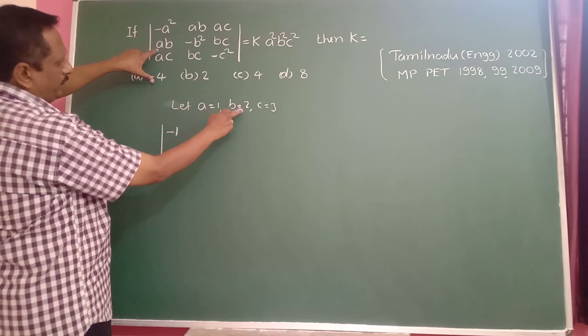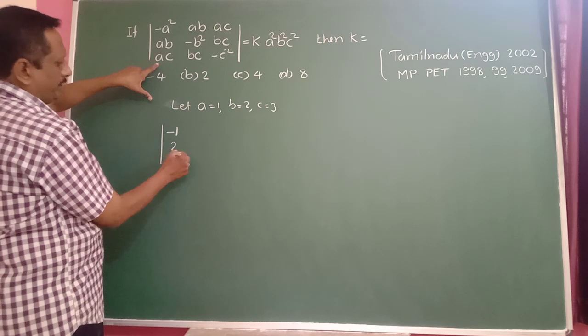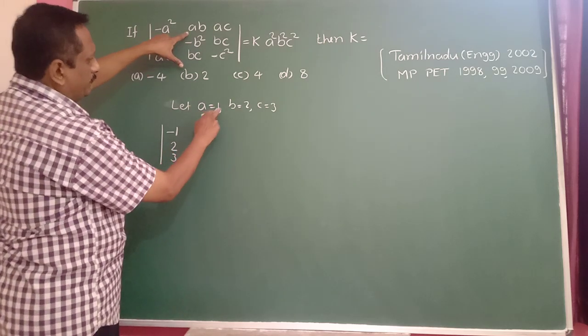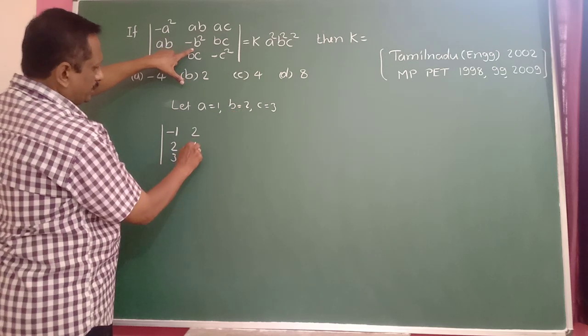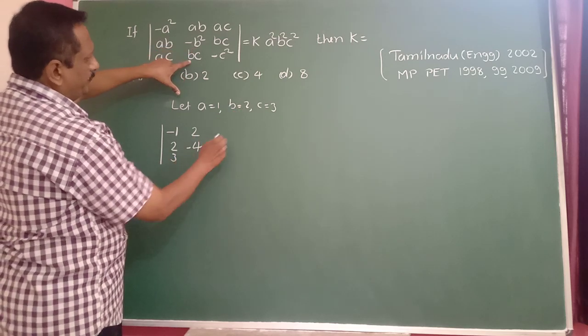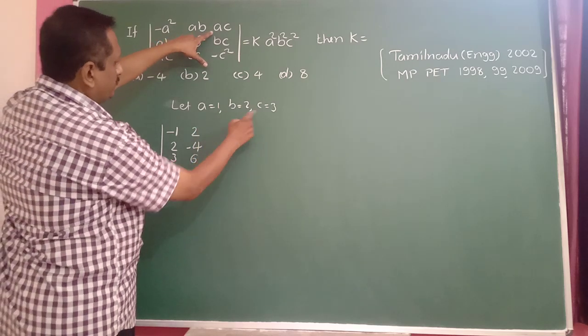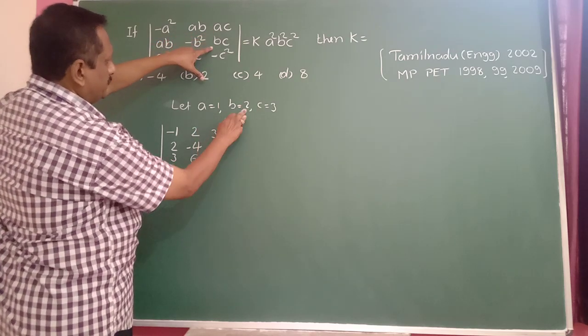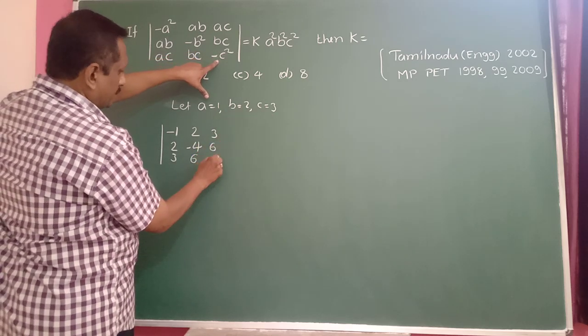A into b, 1 into 2 becomes 2. A into c, 1 into 3 becomes 3. Then ab, 1 into 2 becomes 2. Minus b square, 2 square is 4, so minus 4. B into c, 2 threes are 6. And ac, 1 into 3 becomes 3. bc, 2 threes are 6. C square, 3 square is 9, minus 9.